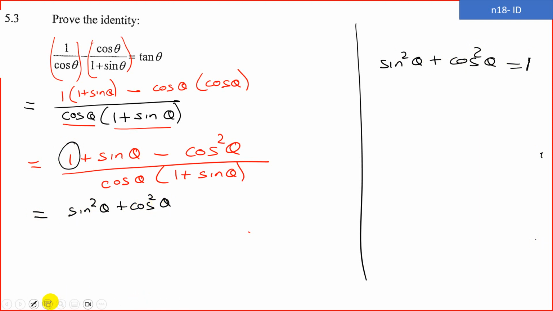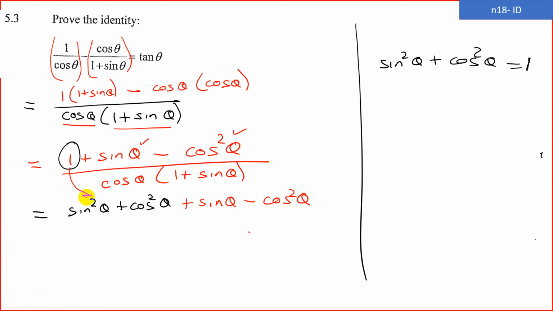And then we're going to bring the rest of the terms as they are on the numerator, which is plus sine theta minus cos squared theta.